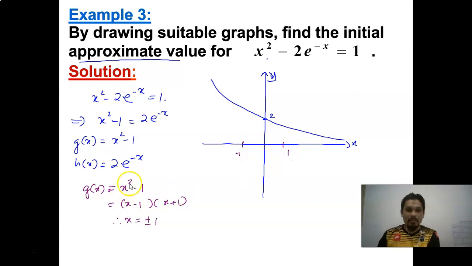And when x equal to 0, y is negative 1 here. Something like this.